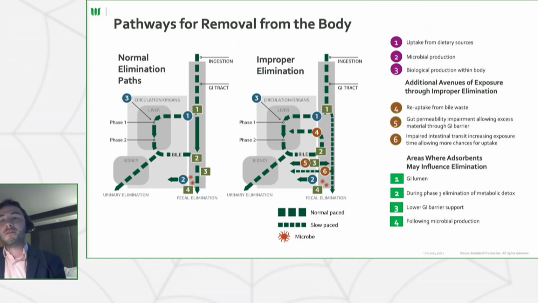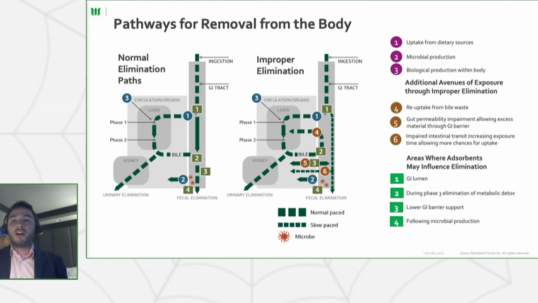So they might have constipation and slower stool transit, increasing the amount of time for potentially harmful substances to be absorbed. Adsorbents can interact with it at the beginning as well, all the way through that long tract, affecting the GI barrier. You can look at that as a way to limit the excess uptake via leaky gut, and then also microbial-generated toxins.